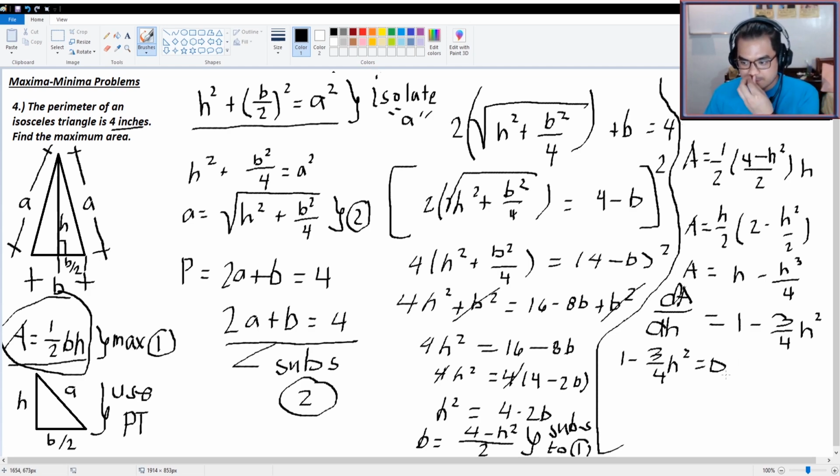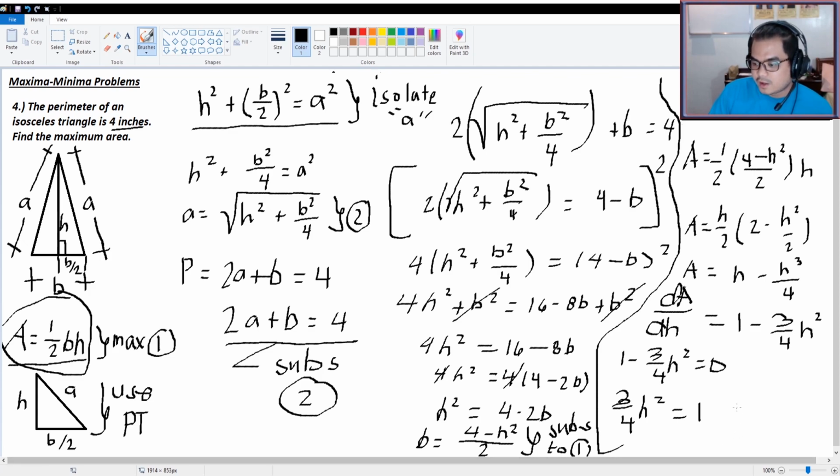So find h. I'll just break it down for you again. You'll have 3 over 4 h squared equal to 1, transposing this to the other side.